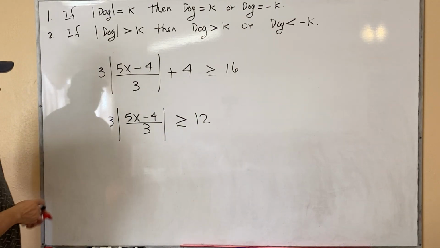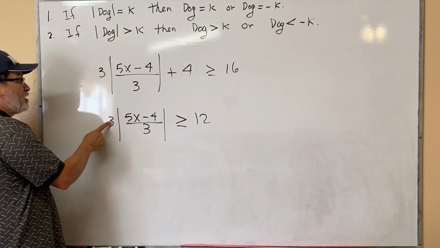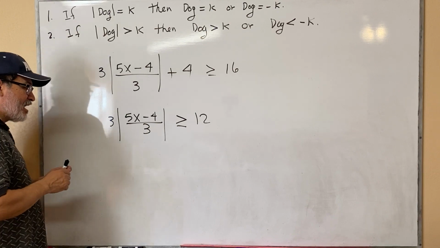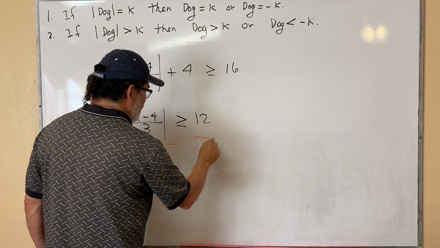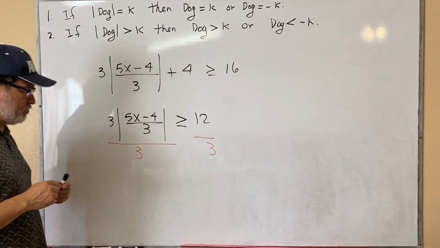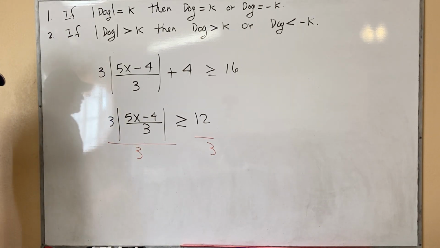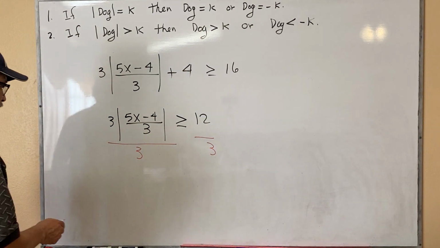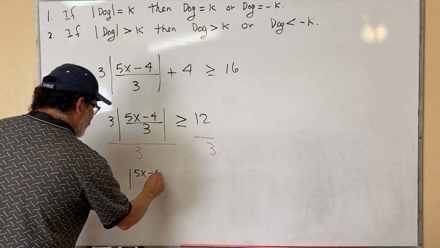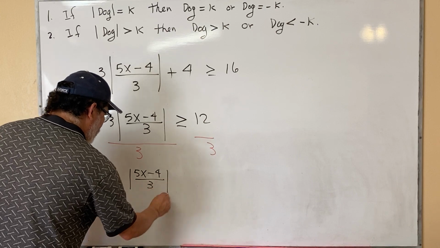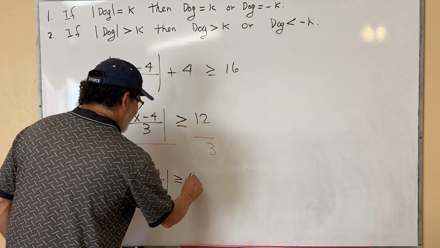To get rid of this 3, let's divide both sides by 3. This 3 cancels this 3. Yes, it does. And so what do we get? Absolute value of 5x minus 4 over 3 is greater than or equal to what? 4.